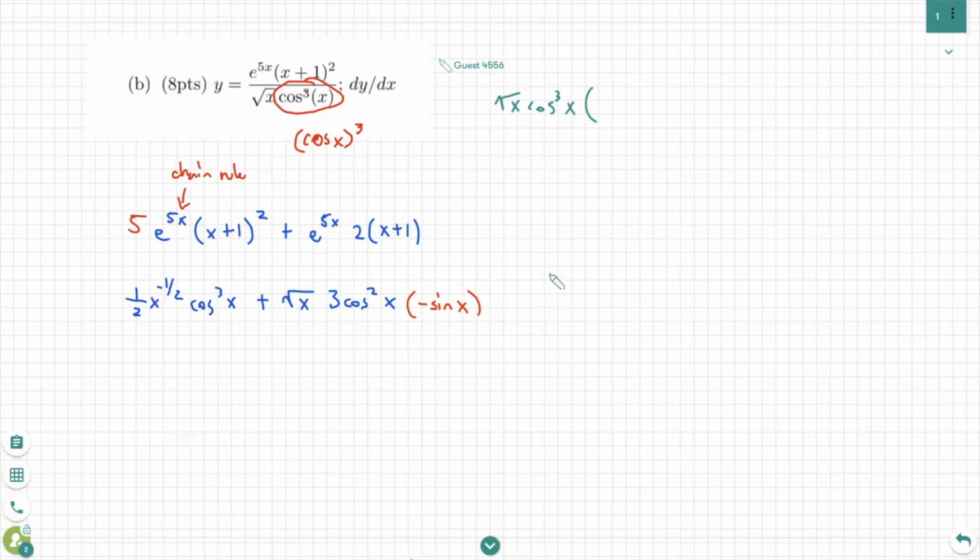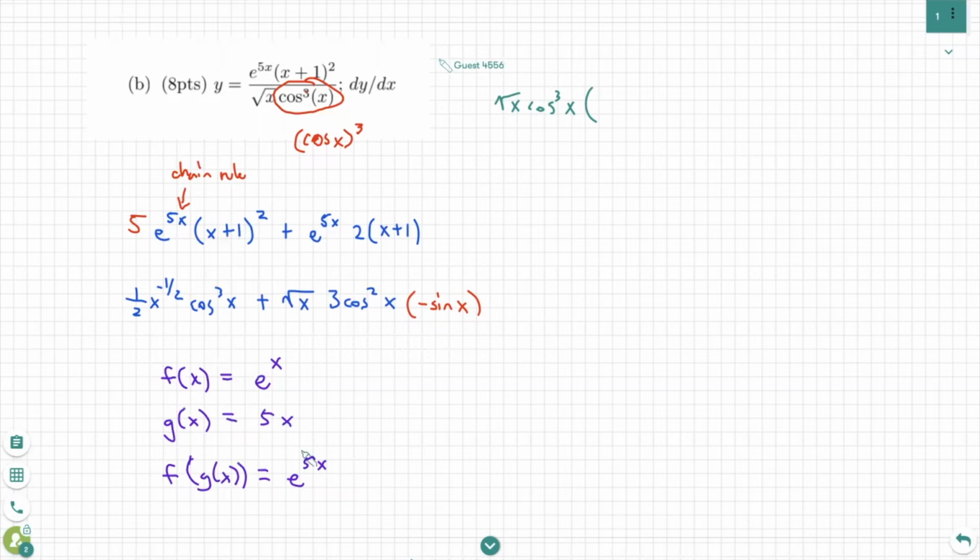So f of x is equal to e to the x, g of x is equal to 5x. The composite function is f of g of x, which is equal to e to the 5x.